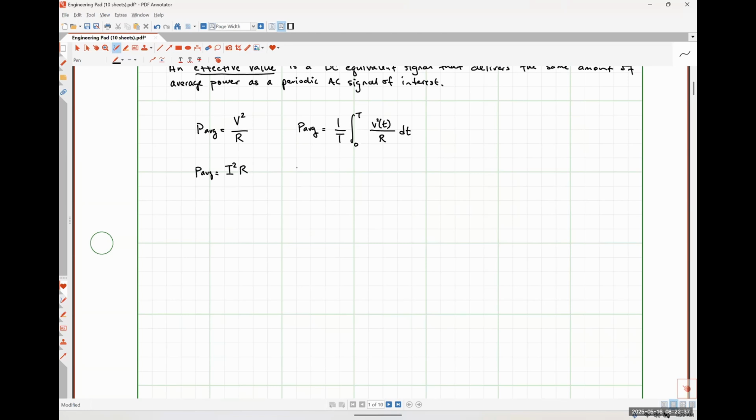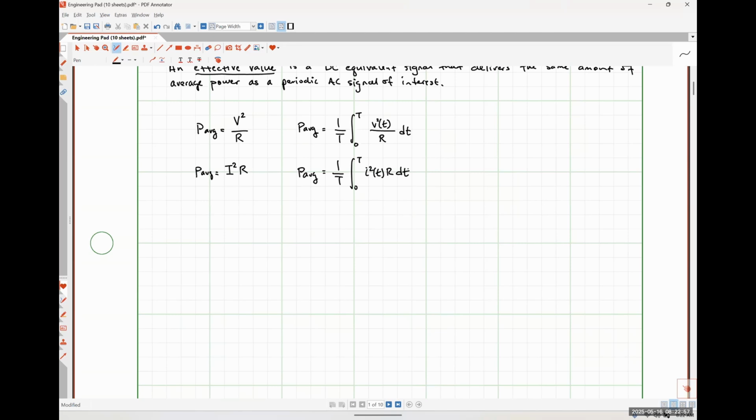So pretty similarly, I could say that my average power is going to be 1 over T times the integral from 0 to T of a periodic current waveform squared multiplied by R dt, like so.